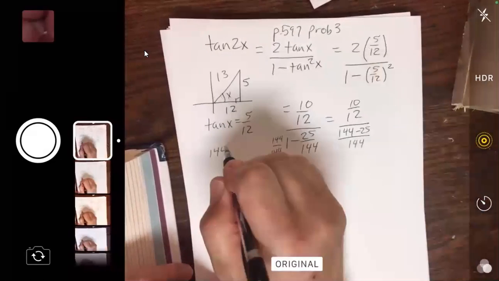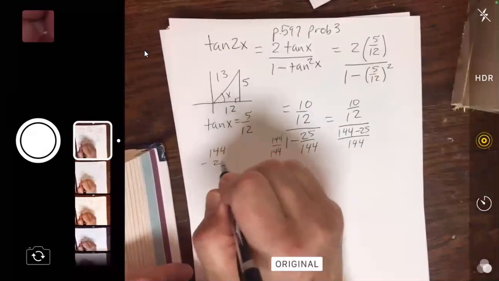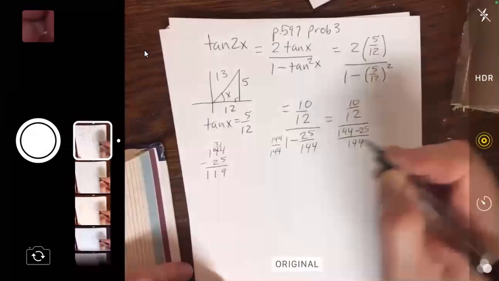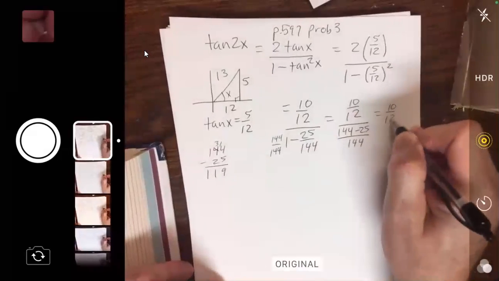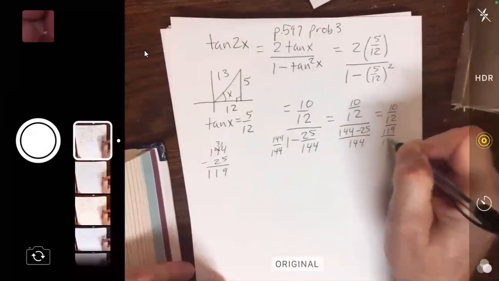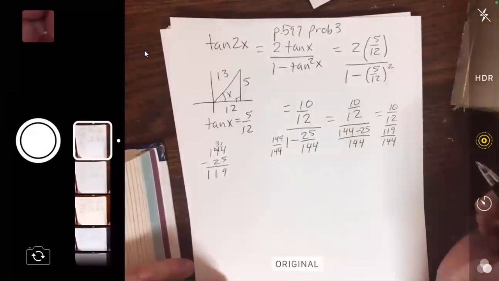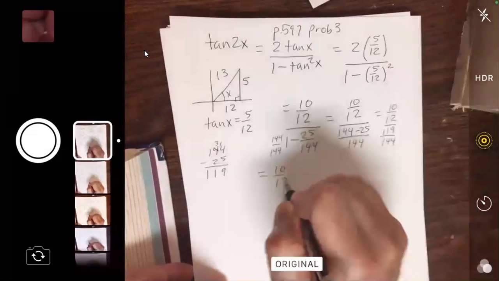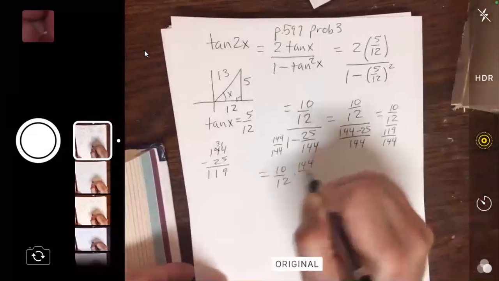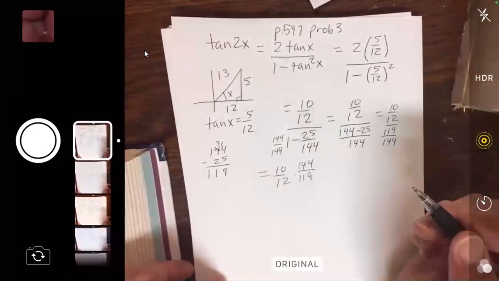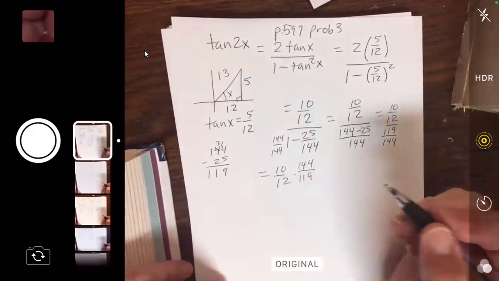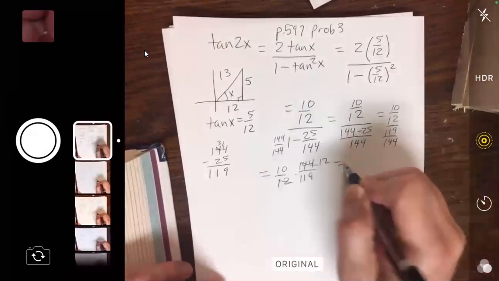We've done 144 minus 25 before, and we get 119. So you're looking at 10 over 12 over 119 over 144, which is 10 over 12 times 144 over 119. 144 over 12 is 12, times 10, so you're looking at 120 over 119.